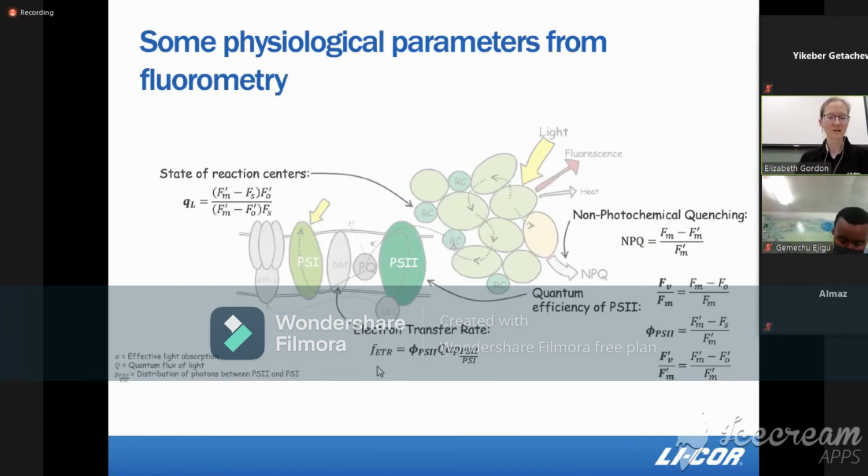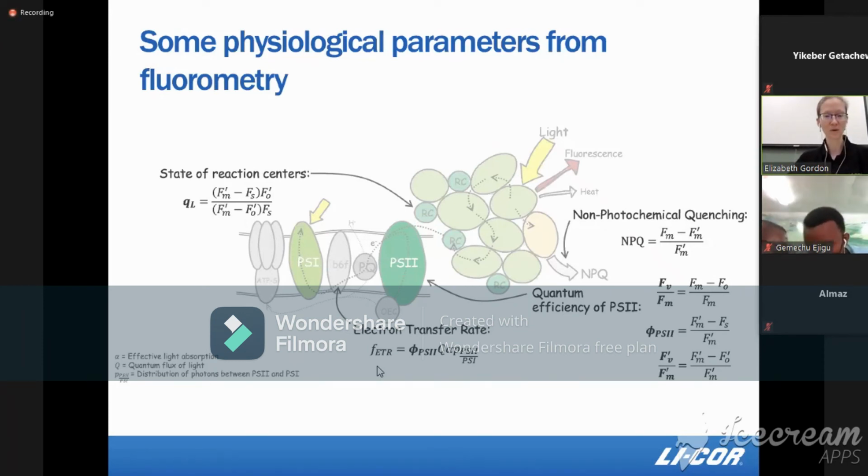So here are some physiological parameters that we get from fluorescence and some things that you'll see in the literature. One thing I'll note is that sometimes literature will use different nomenclature. We use the nomenclature that is used in North America, not surprisingly, but occasionally you will, especially on older papers, see different nomenclature if the paper was published on a different continent.